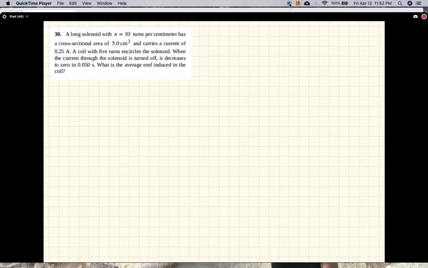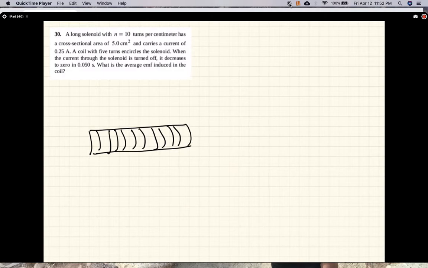Okay, so let's do a diagram first. So here is the solenoid. Okay, the area of cross section of this solenoid is 5 centimeters square. Surrounding this solenoid is a coil, and the number of turns in this coil is 5 turns.